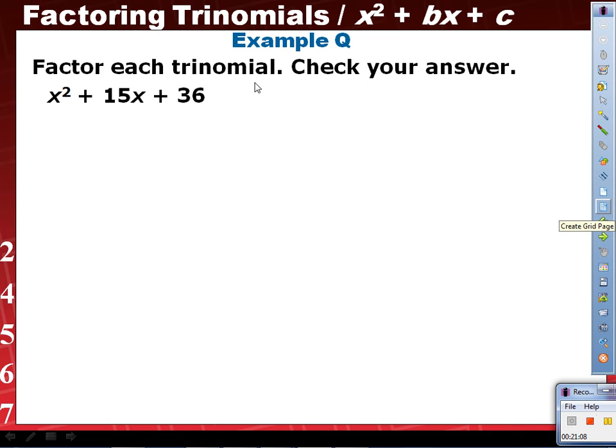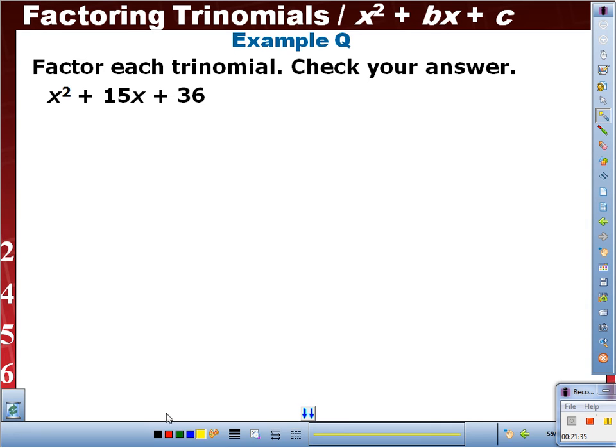It says, factor each trinomial. I've done factoring trinomials all week, and I know the first thing I need to do is check for GCF. Let's see. There's none, so I'm assuming it's just 1. But I don't want that kind of factoring. I want two factors in parentheses. So I'm going to do a new method that I know.